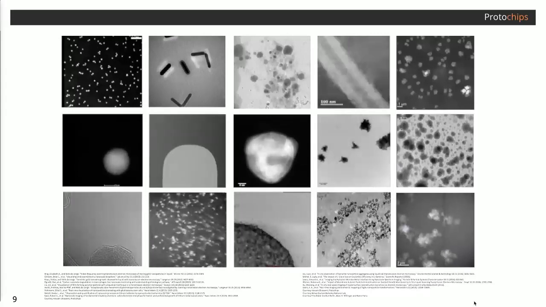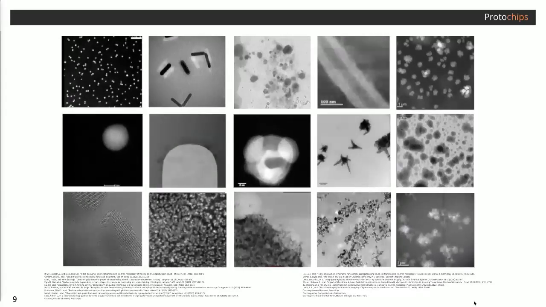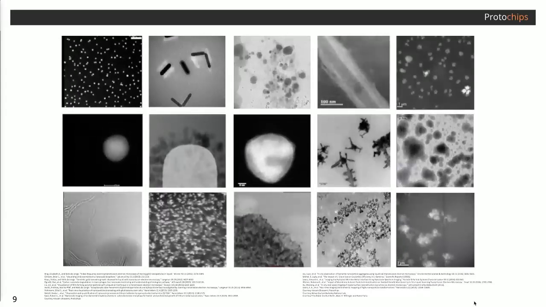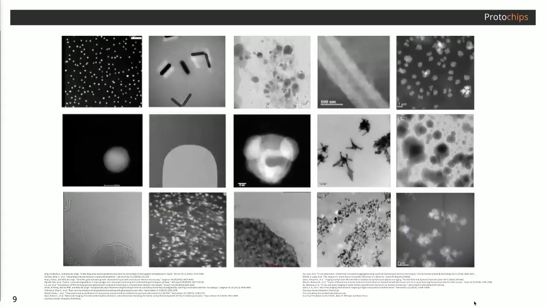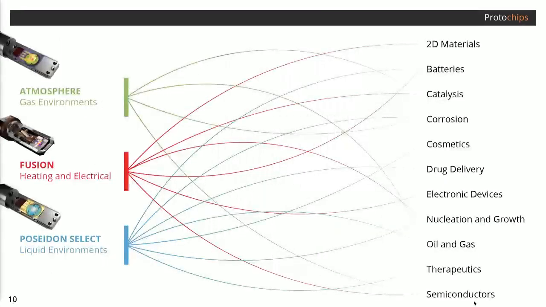But so switching gears a little bit, I'd like to go into a little bit more detail about the in situ tools we'll be discussing today. So although we'll only be talking about Fusion in detail, I always like mentioning that Protochips offers 3 in situ systems, which we've built to maximize the research possibilities available to any TEM lab.